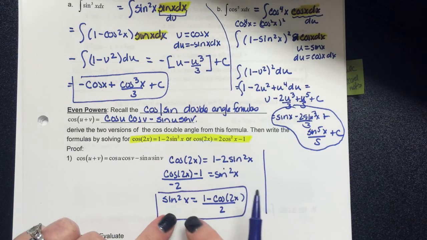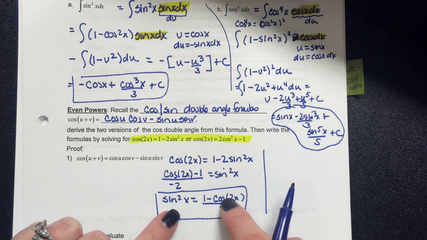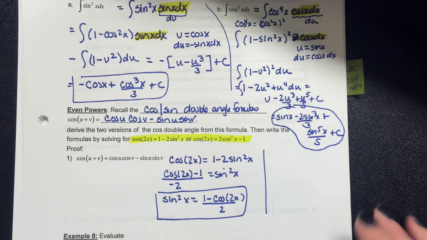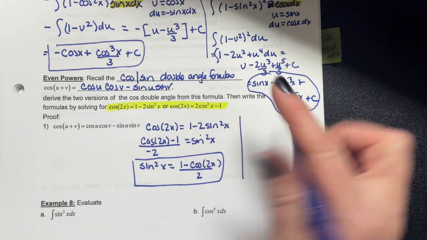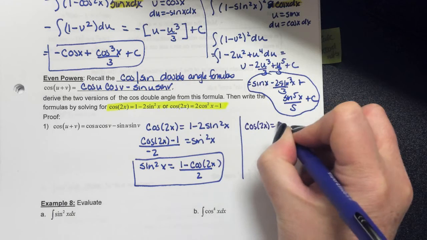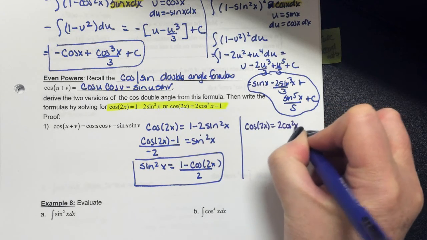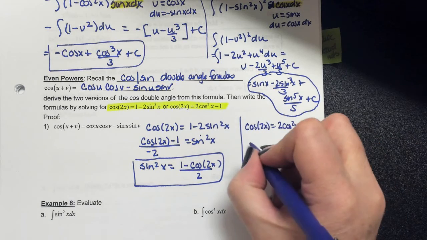The idea is we want to break this power of sine squared down to a trig function raised to the first power. So then I can take a look at my other variation of the cosine double angle formula. Cosine of 2x is equal to 2 cosine squared x minus 1. So again, if I solve for cosine squared, I'd add 1 and divide by 2.